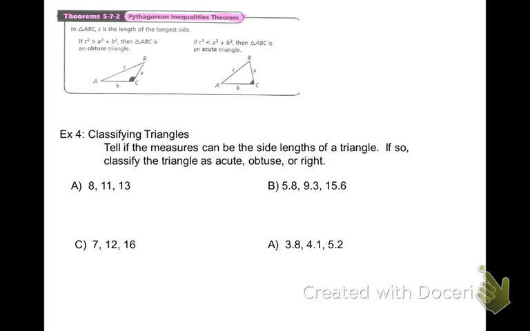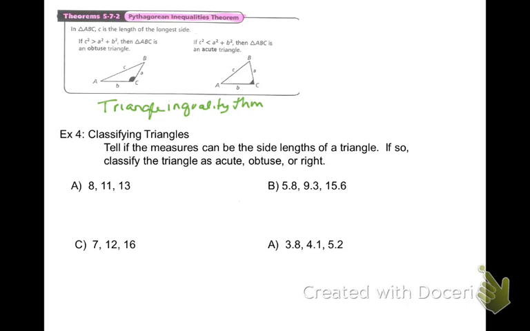So you found out it's a triangle using the triangle inequality theorem.